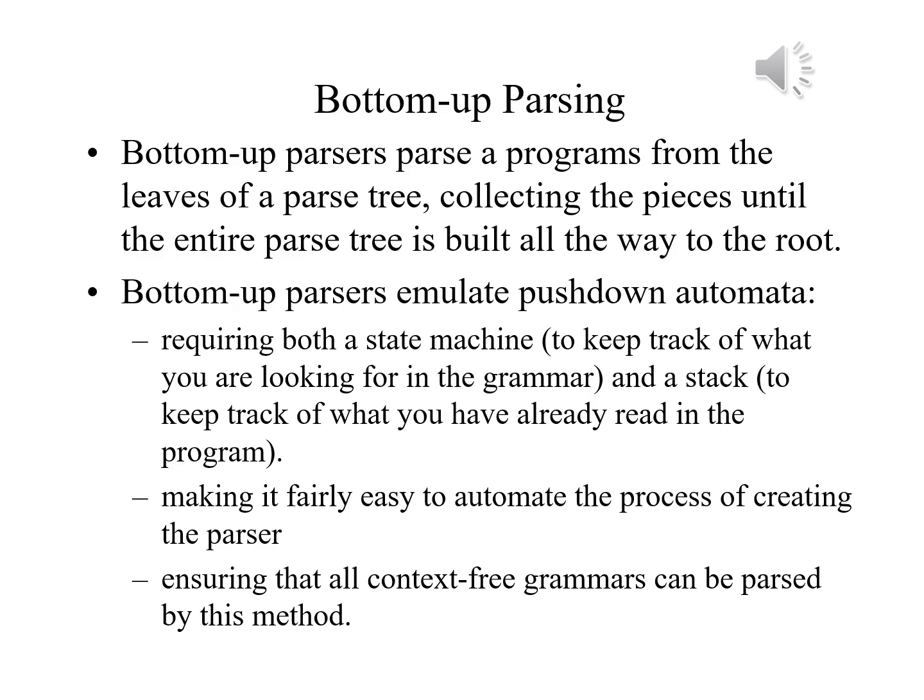The stack keeps track of the portion of the program that you have already read. Bottom-up parsing is easier to automate because you are emulating the push-down automaton. Also, unlike the top-down parser, bottom-up parsers can parse any kind of context-free grammar.